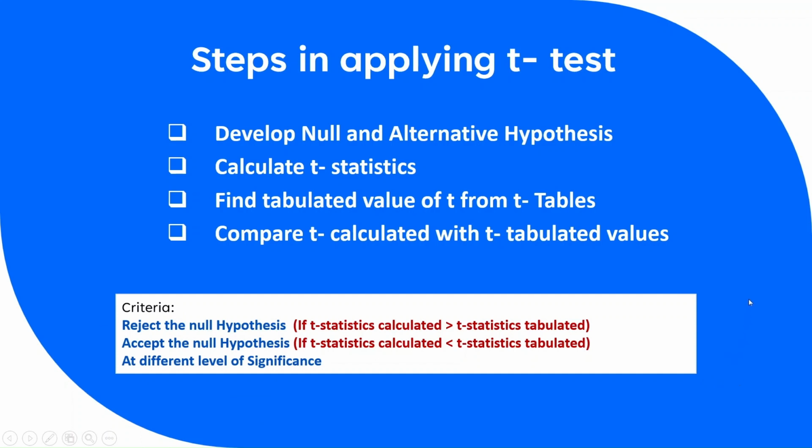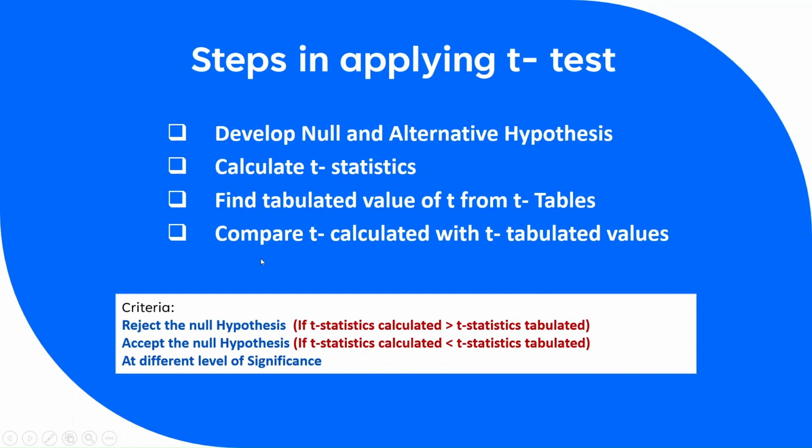Steps in applying the t-test. First, we have to develop the null and alternate hypotheses based on our problem. Next, we will calculate the t-statistic value from the formulas, particularly known as the t-calculated value. And then we will find the tabulated value of the t-statistic from t-tables, which we will learn later.